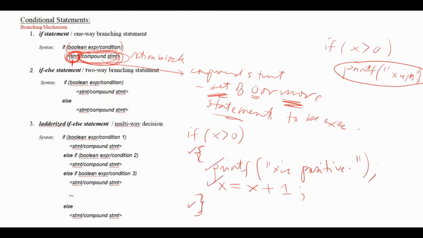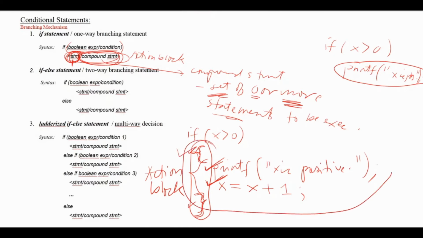Since there are two statements, the action block consists of two statements to be executed. We call this now a compound statement. And since there are two, they need to be enclosed by curly braces. So this is again an example of a compound statement enclosed by curly braces because there is more than one.